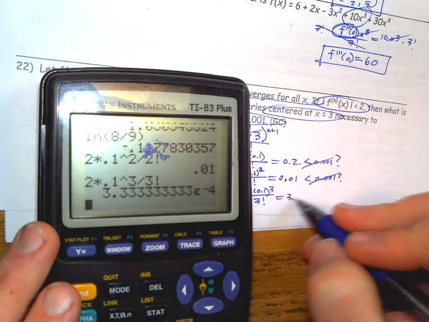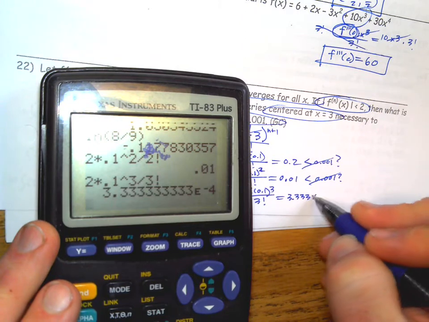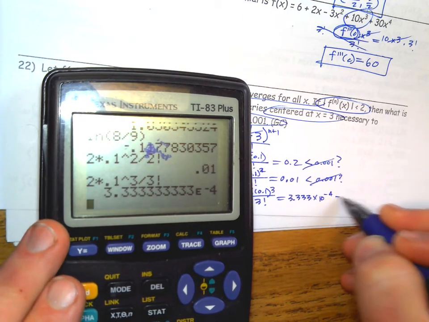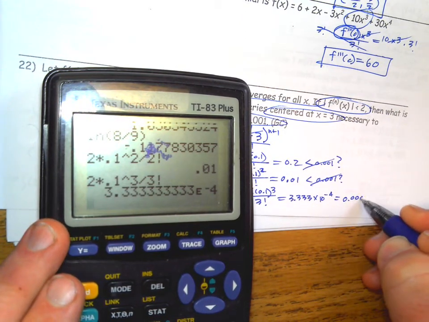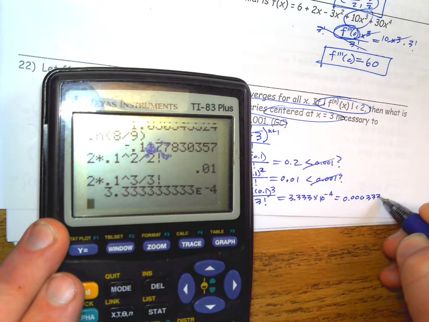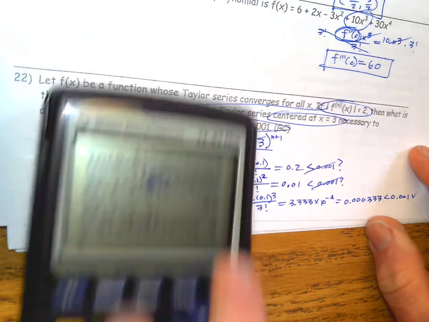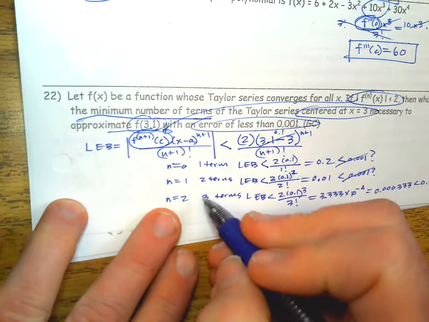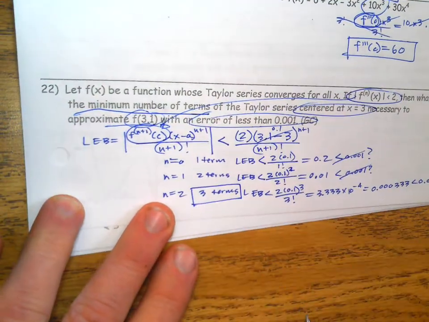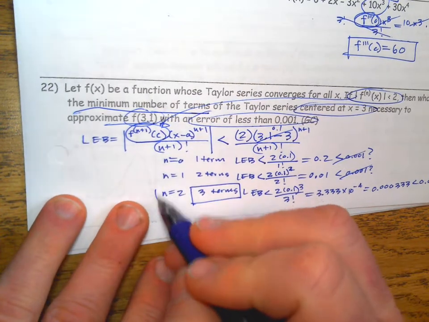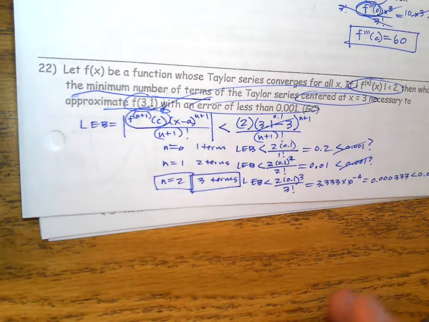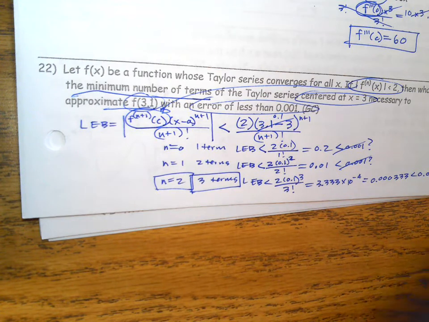You get 3.333 times 10 to the negative fourth, which is 0.000333. Is that less than 0.001? Yes, it is. So we need 3 terms. N equals 2, 3 terms. I want a number of terms. So 3 terms.